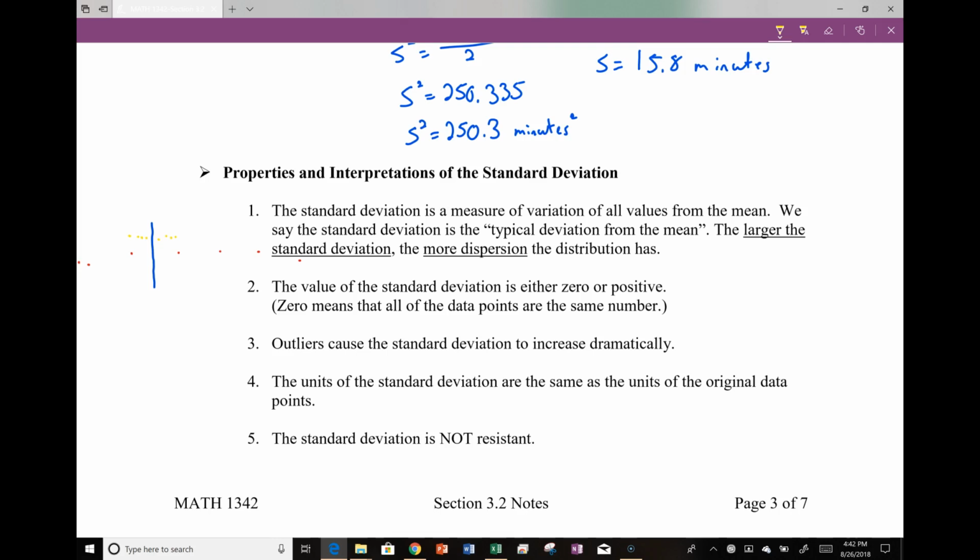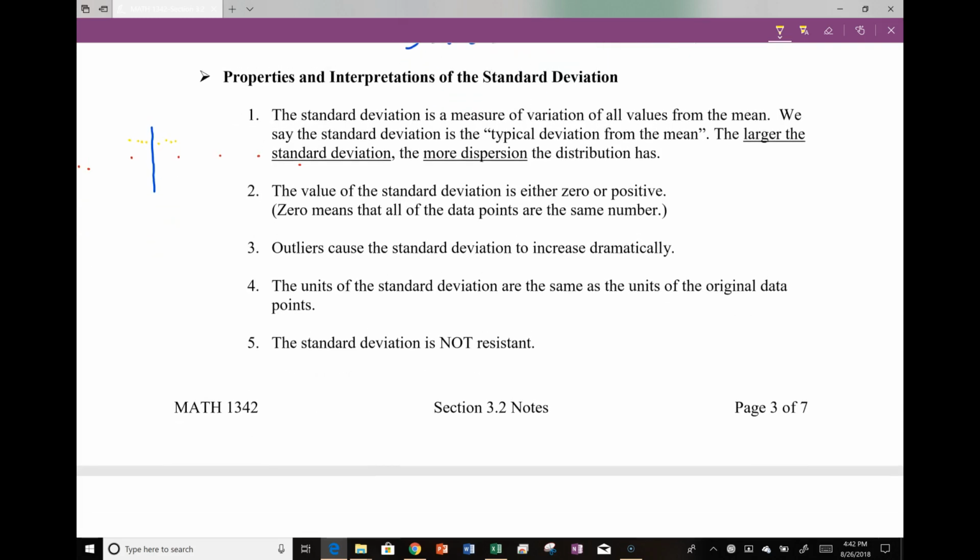Outliers, and we will discuss outliers, cause the standard deviation to increase dramatically. What we mean by outliers is these values way out here that stand off. Think about your particular grades in a class. You have 3 exams and the final.